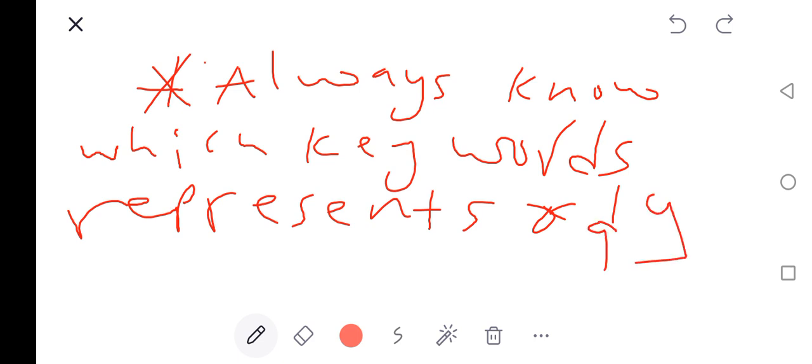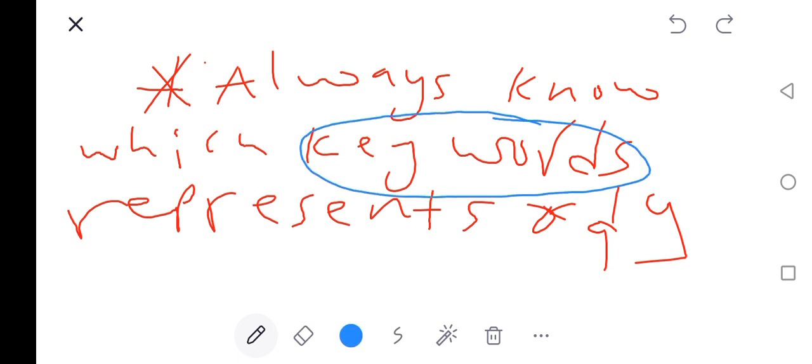Take note. Always know which keywords represent X and Y. If it's maize representing X, then where there is maize, you'll be putting X. If Y represents sausage, then where there is sausage, you'll be putting Y.